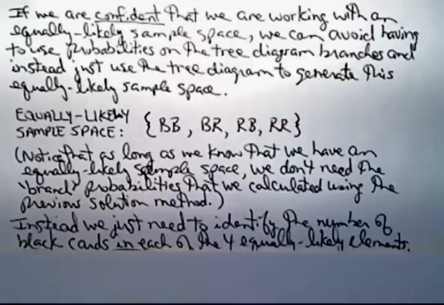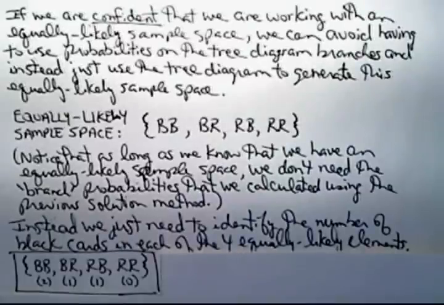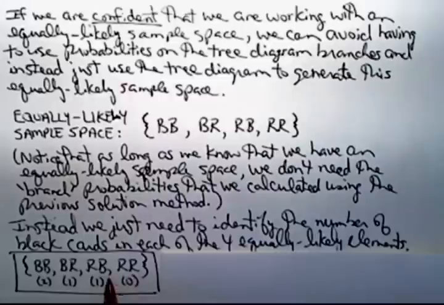We don't really need those individual branch probabilities if we know for certain that the sample space is equally likely. And instead, all we need to do is identify how many black cards each of these represents. BB represents 2 black cards, BR represents 1, RB represents 1 black card, RR represents no black cards.